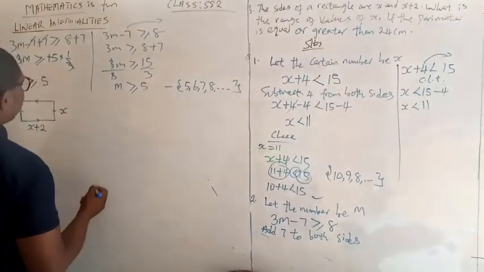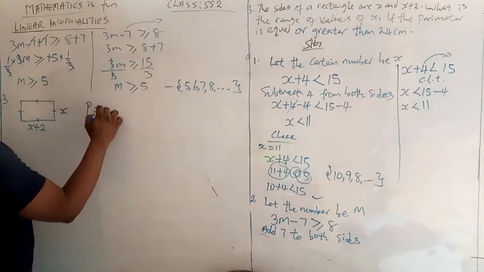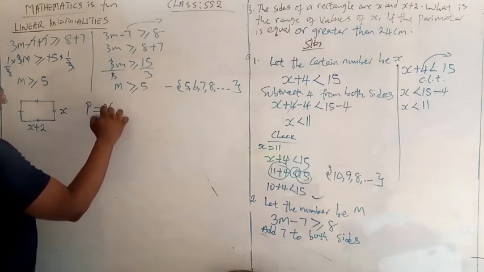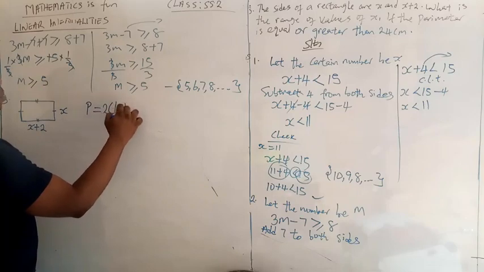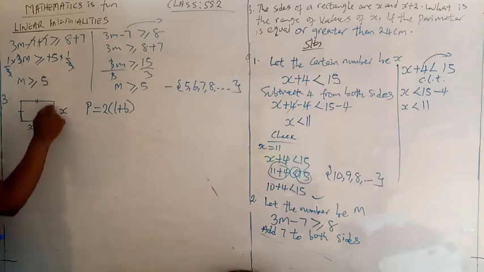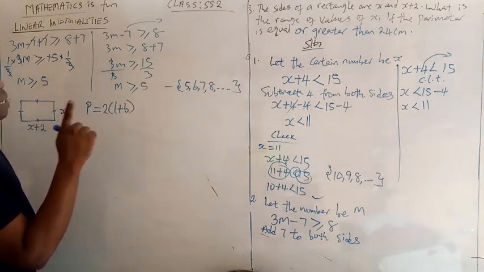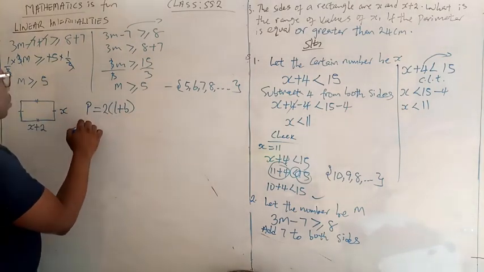And what is the perimeter of a rectangle? The perimeter of a rectangle is 2 into length plus breadth. Yes, the perimeter of the rectangle means you should add the 4 sides together. And I have been given that the perimeter is 24 cm.